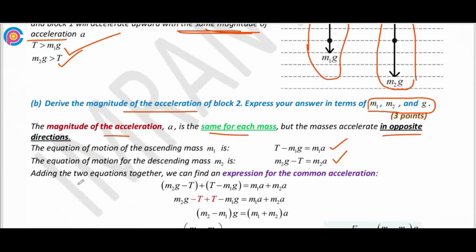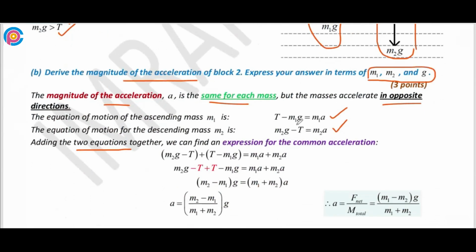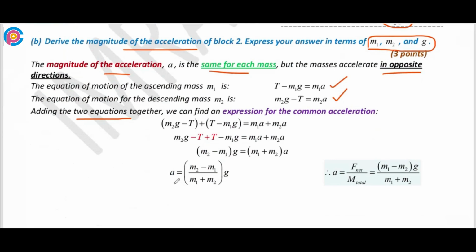From these two equations, we add both equations, left hand side to left hand side and right hand side to right hand side. As the identical terms cancel out with opposite signs, we can take g common from the left hand side and a common from the right hand side, and we get a is equal to M2 minus M1 divided by M1 plus M2, into g.